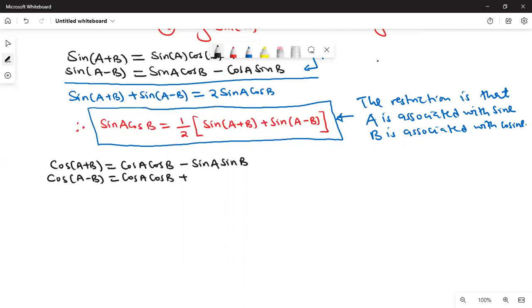Take note of how those signs are alternating. Plus sine A sine B. So if I want to know what is sine A times sine B, and I also want to know what is cos A times cos B.